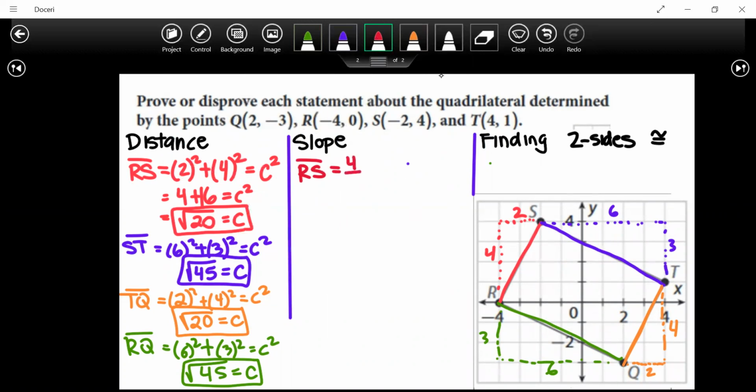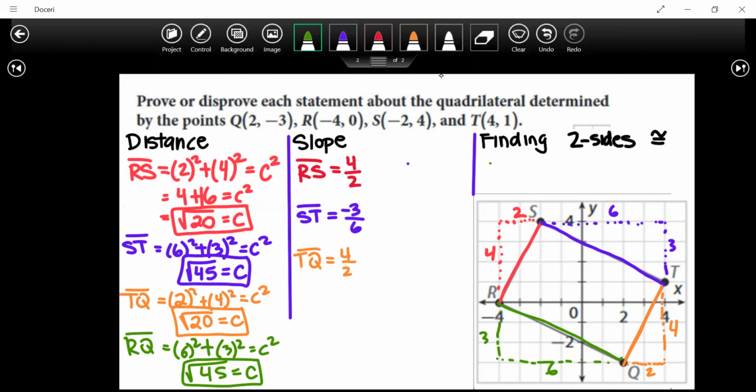4/2. We are going to reduce it a little bit, but we're just keeping it cool for the time being. What about the slope for ST? Negative 3/6, going down 3/6. Our TQ? 4/2.